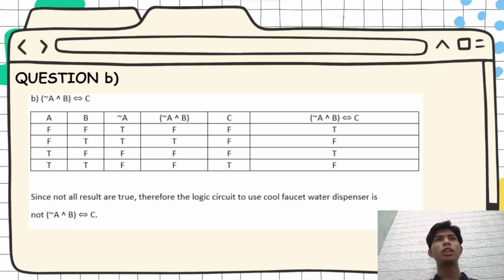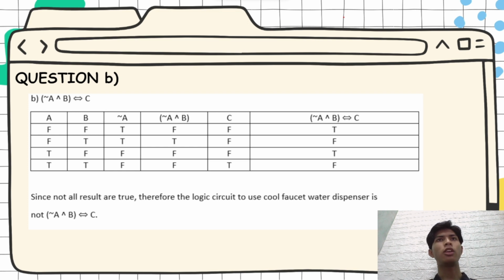For the next question, which is question B, we need to define whether not A and B is a logic circuit to use the cold faucet water dispenser. Firstly, we need to use a truth table where the first column is A with values false, false, true and true. And the second column is B, which is false, true, false and true. And the third column is not A, which has the values true, true, false and false.